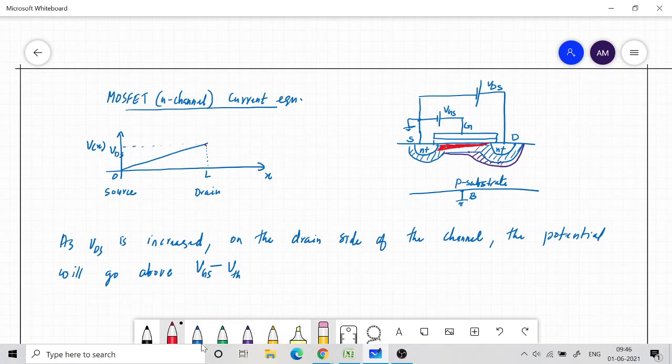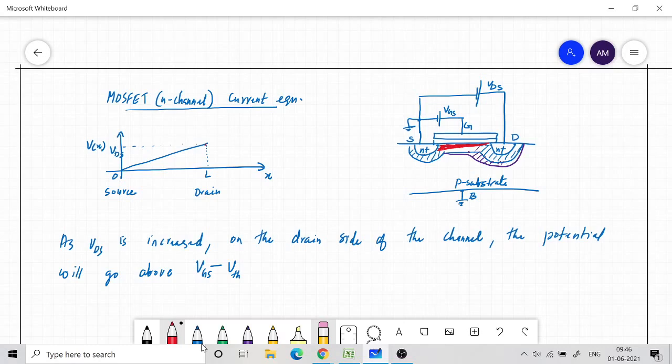Whereas on the source side the potential is 0, so the entire VGS that is applied will come across the gate and channel. On the drain side, because of the increase in potential due to the VDS applied, you will have a lesser voltage across the oxide layer.